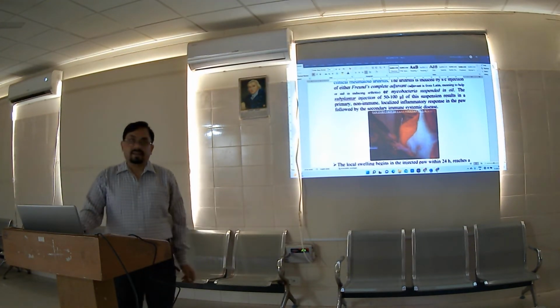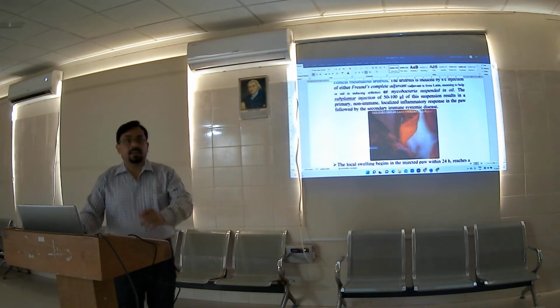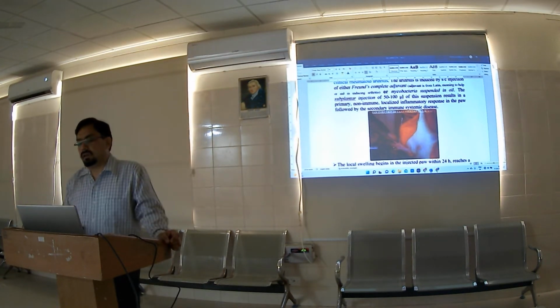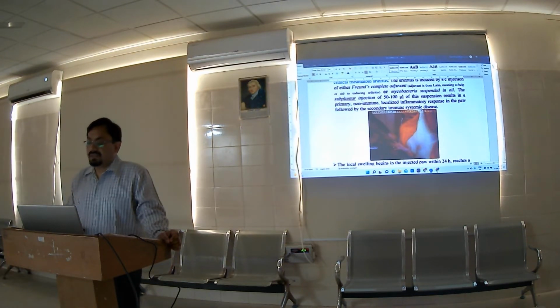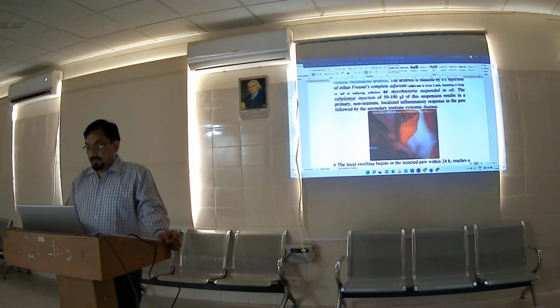So there is an initial phase and a second phase. In the acute phase it is non-immune, but in the chronic phase it becomes an immune systemic disease.